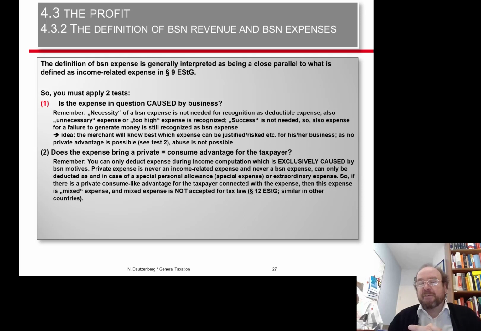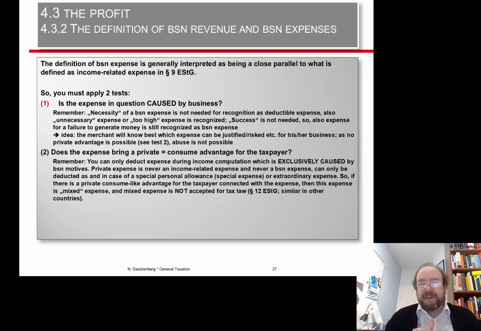Is there also a private, that means consumer-related advantage combined with that expense for the taxpayer? If so, then we remind the taxpayer of something. A business expense must be caused by business. It must be entirely caused by business. That's between the lines.